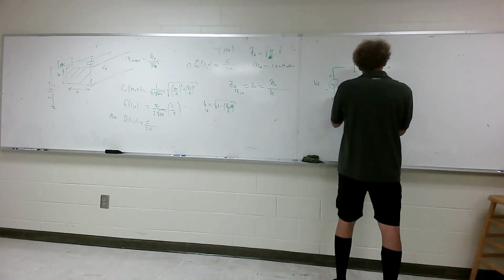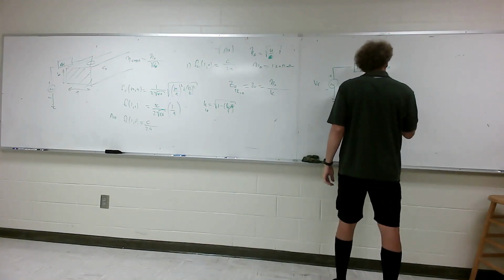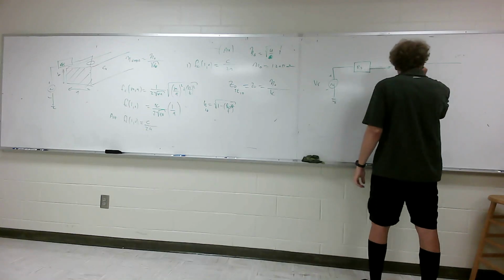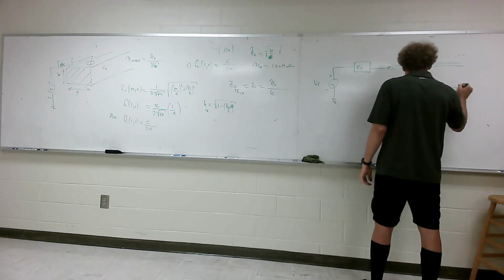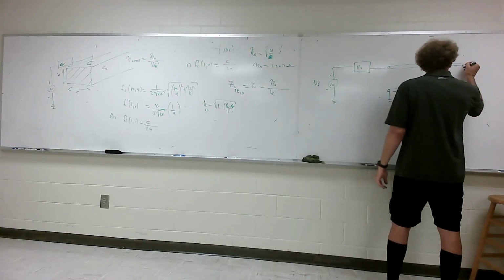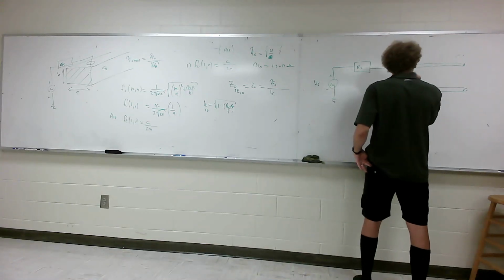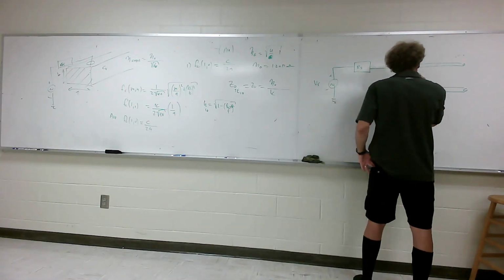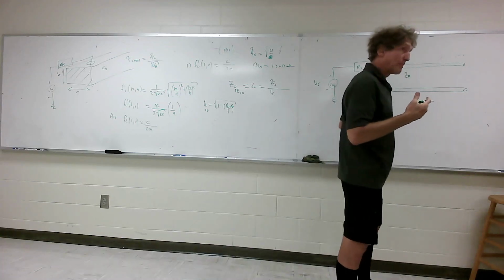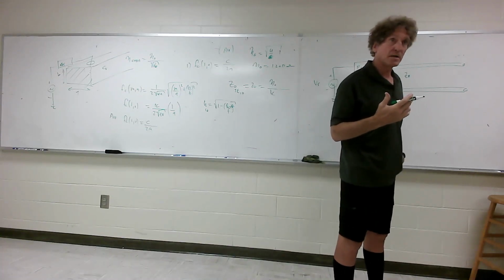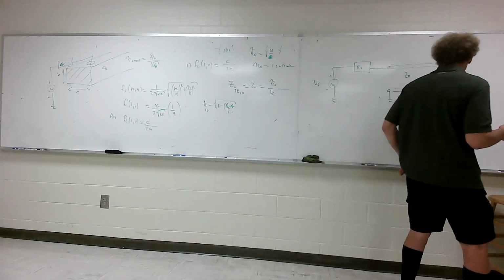Then the guide itself is going to appear here. And the guide, you can think of like you would a transmission line. Here it's got some characteristic impedance that I'm just going to call Z0 now. I know it's going to be greater than 125 based on the value of K. Y'all with me, class? I have that.